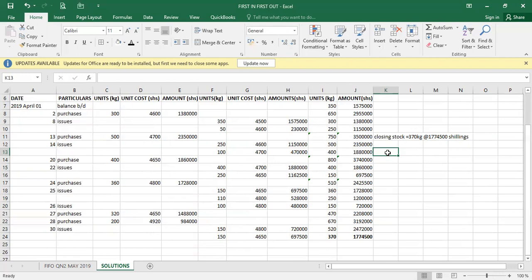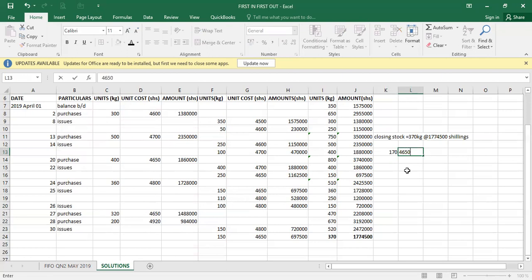It means the 320 minus the 150. Sorry, I put a cost here. It will be this 170. This 170 is going to be valued at this 460 because it is the number of units that are remaining here.